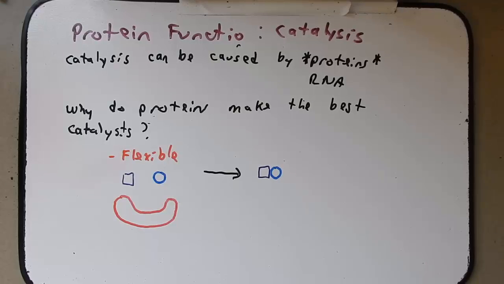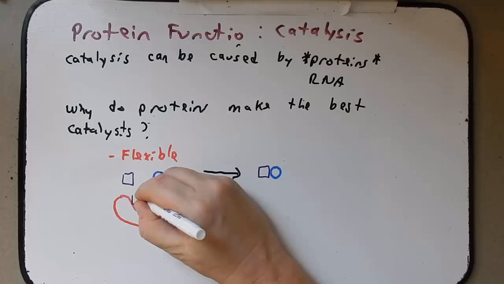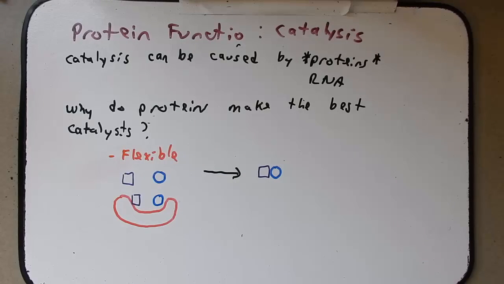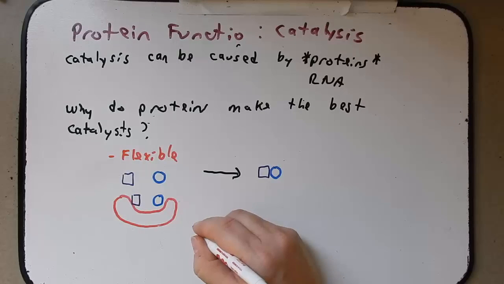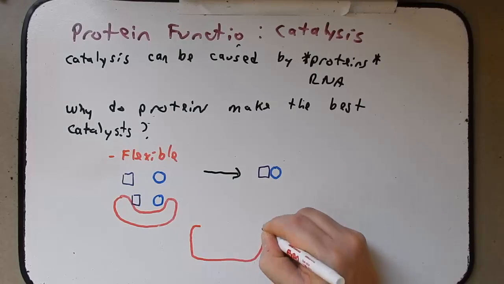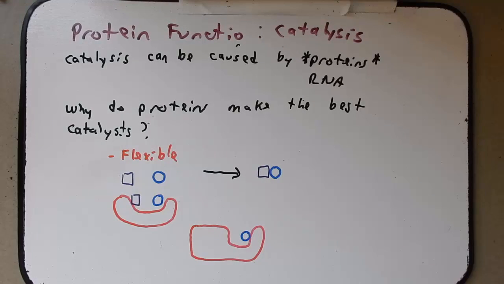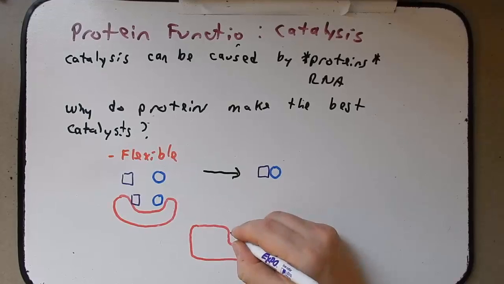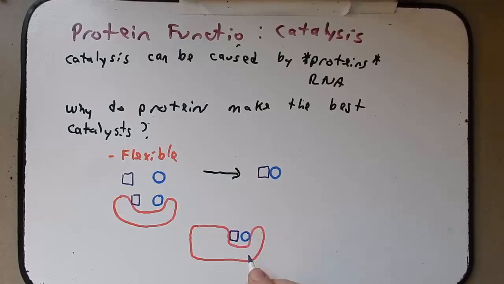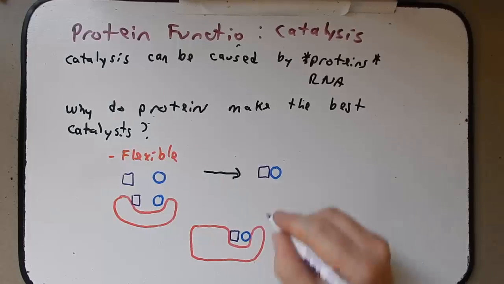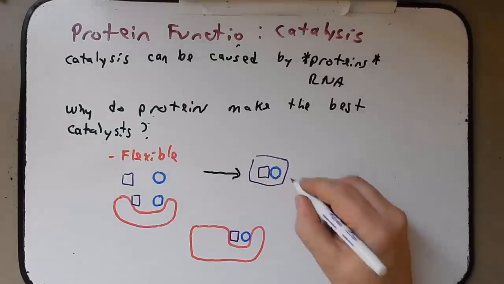And what enzymes will do then is they'll bind these two substrates, and in the process of binding these substrates, the protein enzyme will shift its shape and bring them into close proximity to each other, allowing an increased chance that the bonds will form between these two substrates to produce the actual product that we want here.